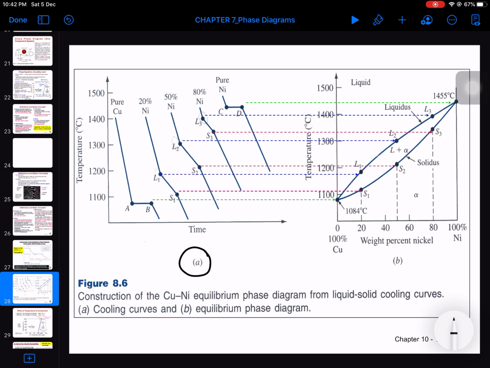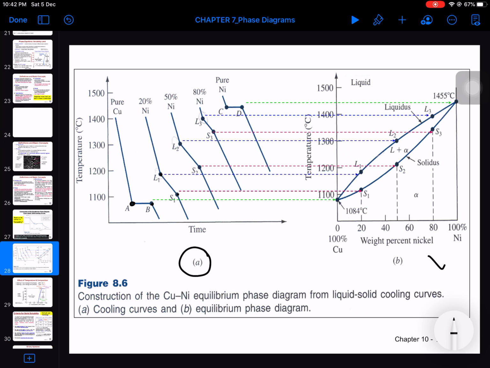By joining all the points of transition for all of these combinations of alloys, we will have what we call the complete equilibrium phase diagram.